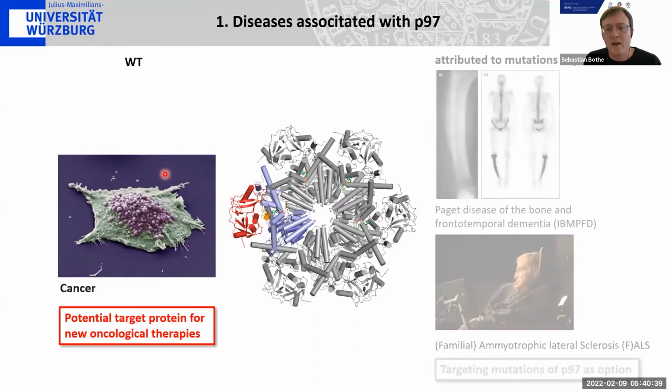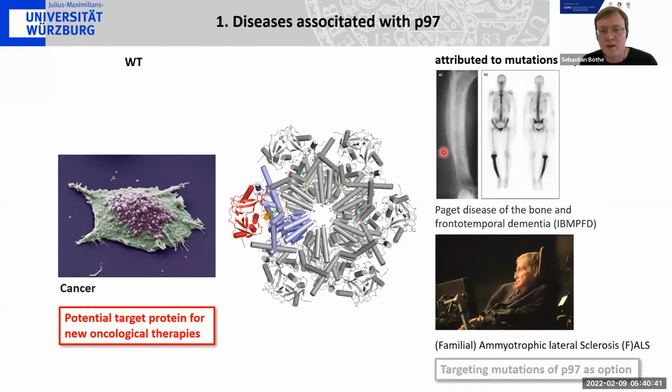On the other side, mutant forms of P97 are associated with neurodegenerative diseases, for example Paget disease of the bone and frontotemporal dementia, or the familial type of amyotrophic lateral sclerosis.